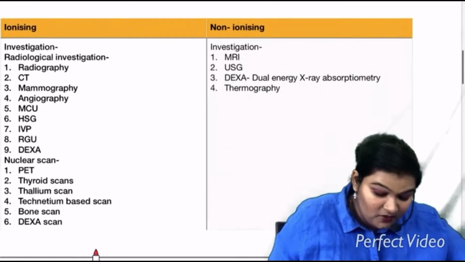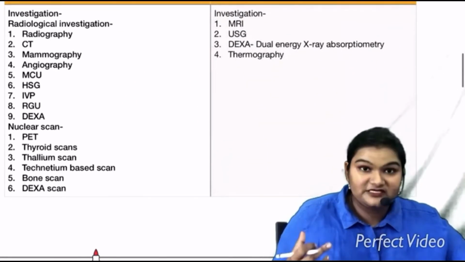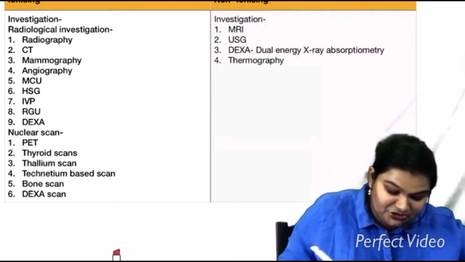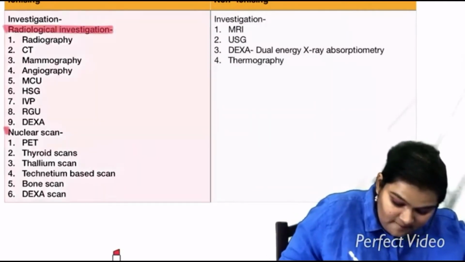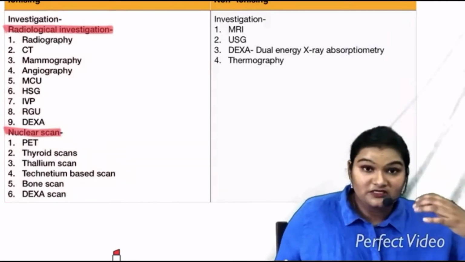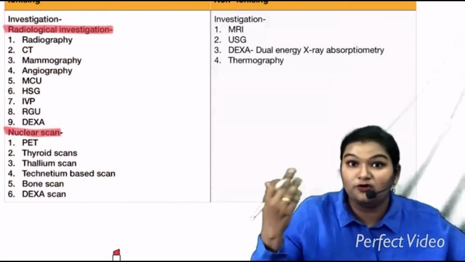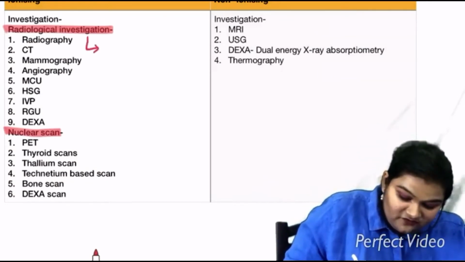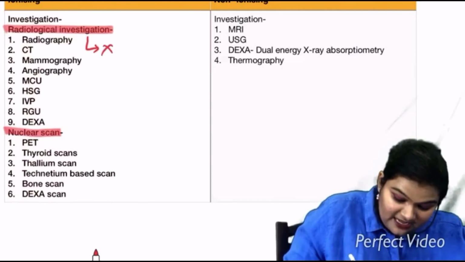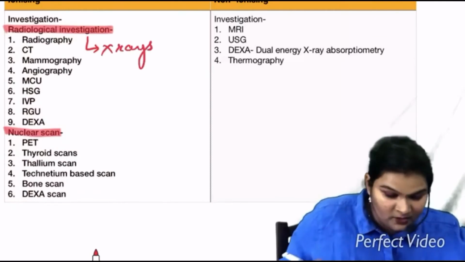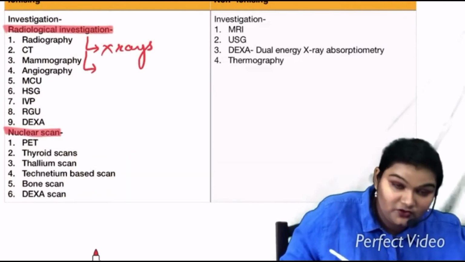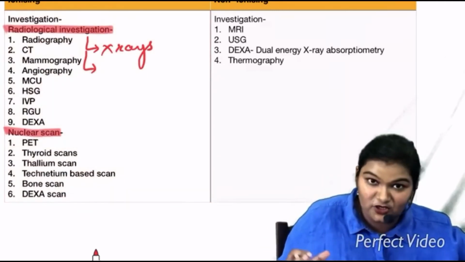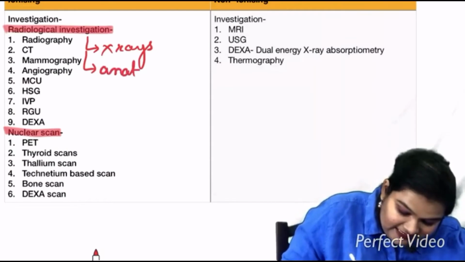Okay. Now let us move towards the different investigations which use these rays. The first ones we have in ionizing radiation are the radiological investigation and the nuclear scan. So what do you mean by radiological investigation? What do you mean by nuclear scan? In radiological investigation, the radiation used is X-rays, right? And we are going to study the anatomical function by using the radiological investigation.